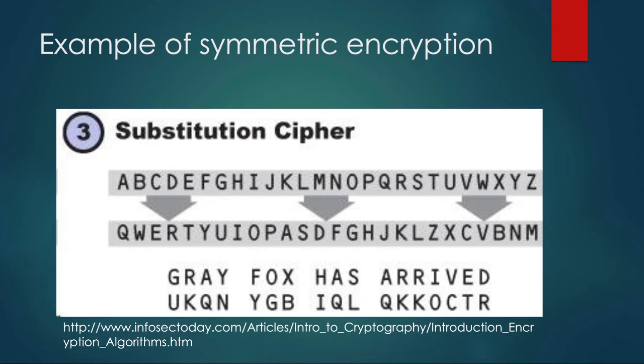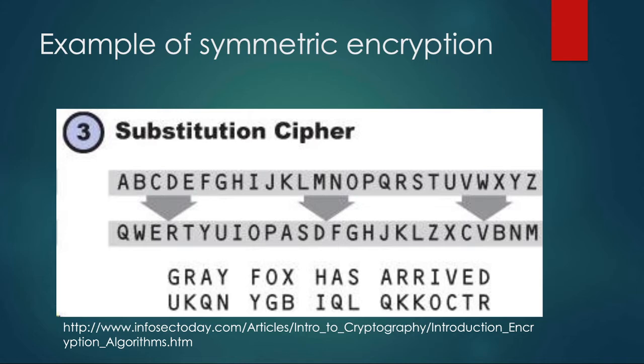So wherever you see an A in the original message, you would instead put a Q. Whenever you see a B in the original message, you would put a W. And that's actually a substitution cipher. So if you know what has been substituted, you can go from the ciphertext back to the plain text.